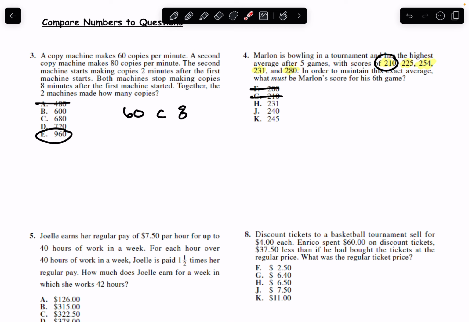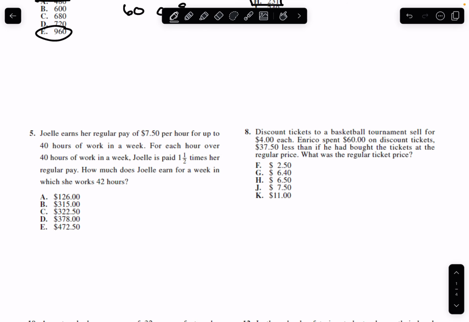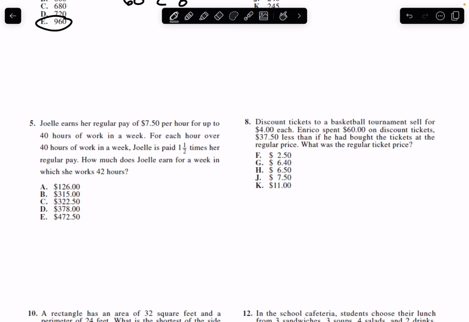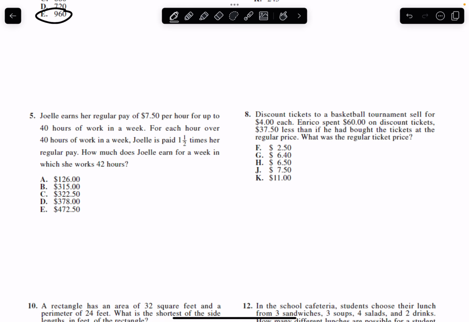It's trying to confuse you with the median and the mean and what those are. So 231 is not likely, but I don't know if I can automatically eliminate it because it's still in between 210 and 280.